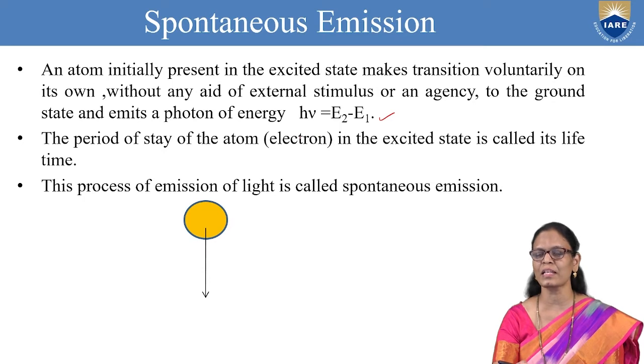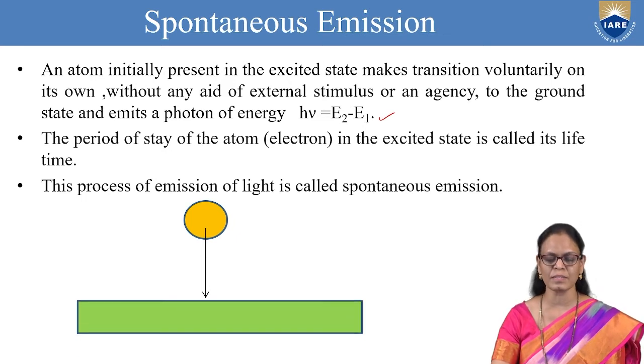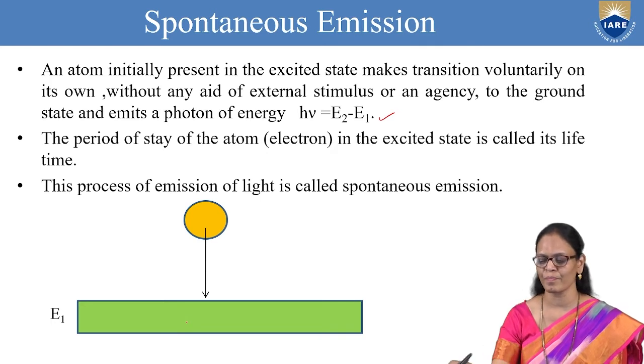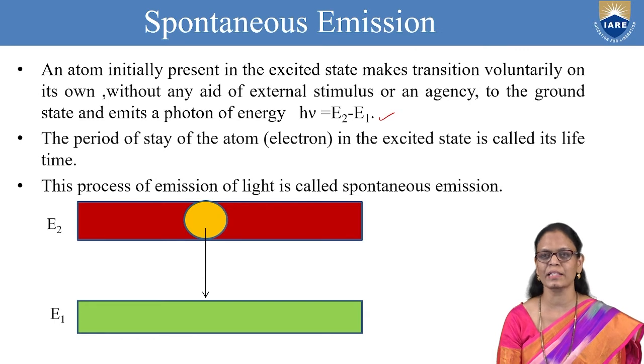Now what we are seeing here is exactly the opposite of what we have seen in absorption. So what we have here is E1, which is the ground state. Then we have E2. This is the excited state.